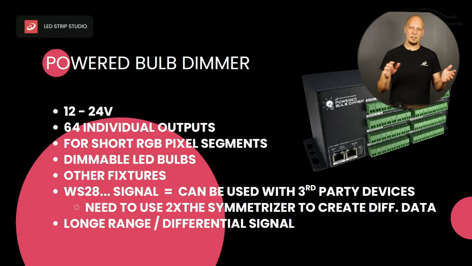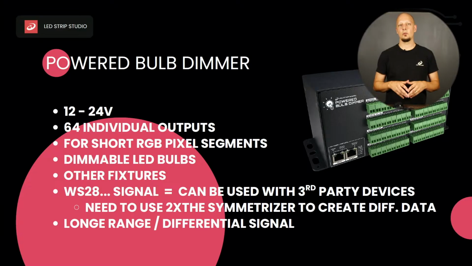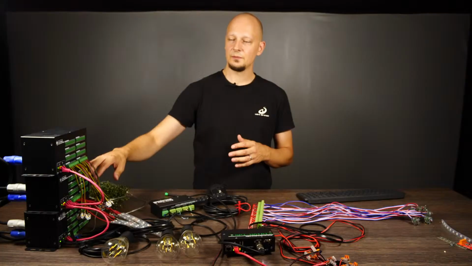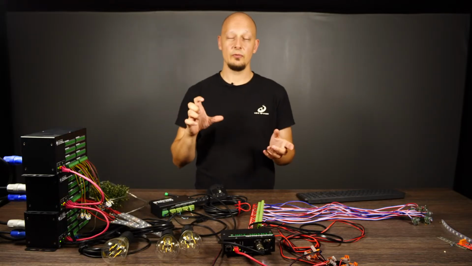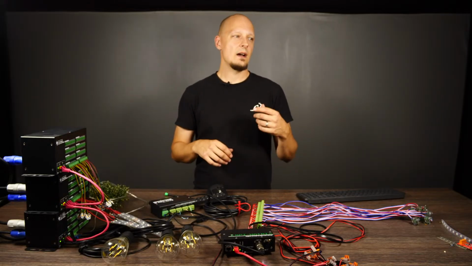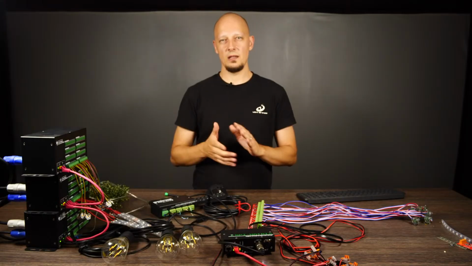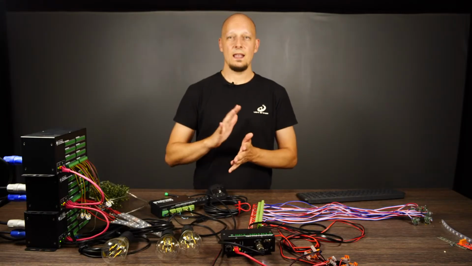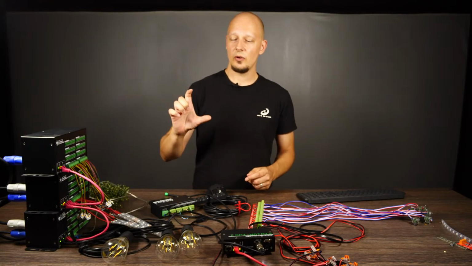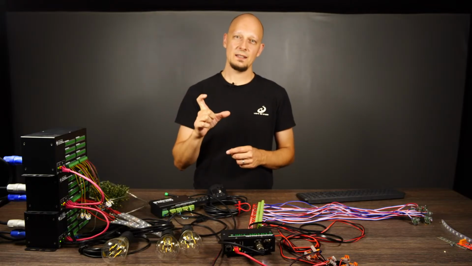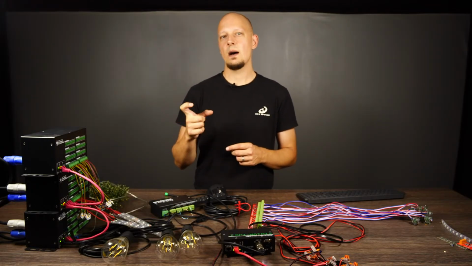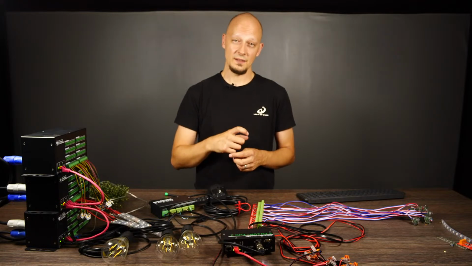Again, more technical data you can find on the page in the datasheet, but what is most important is that these are produced in 12 to 24 volt range, and they have 64 individual outputs, and you can use it for short pixel segments, not digital though, but analog RGB pixels.